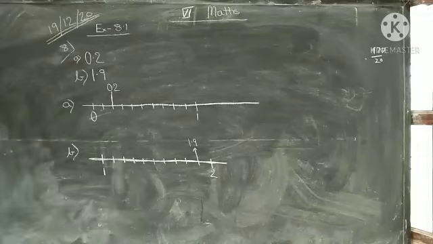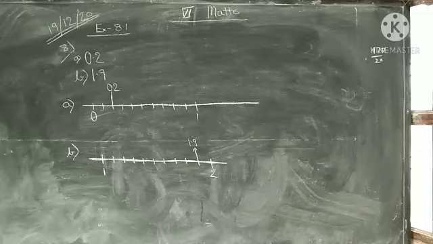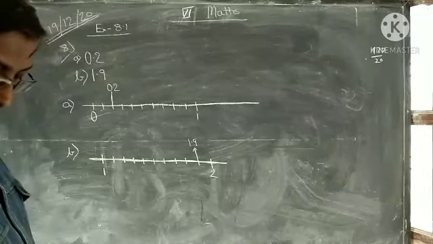Let's move to the next sum. Write the decimal number represented by the points A, B, C, D on the given number line. So the decimal numbers which are given on this number line, we need to mark them. I'm just telling the numbers, you can note them.